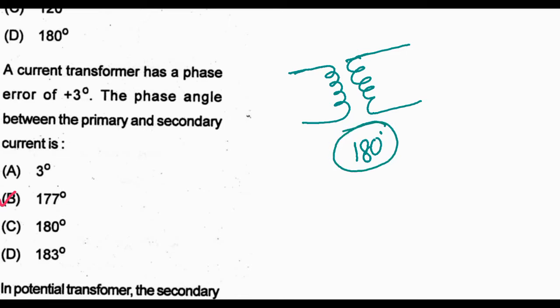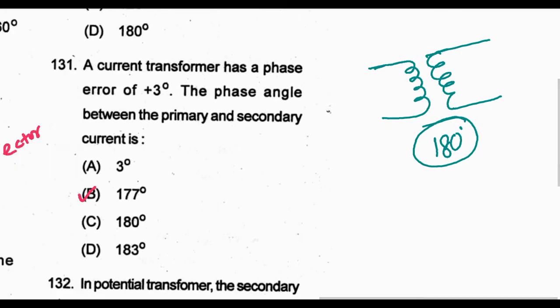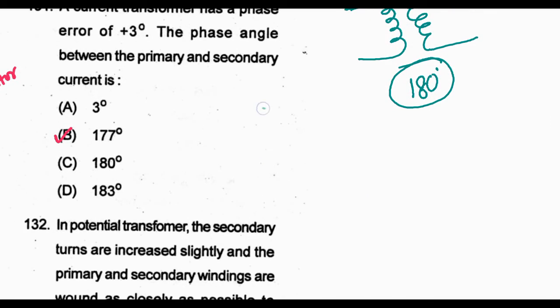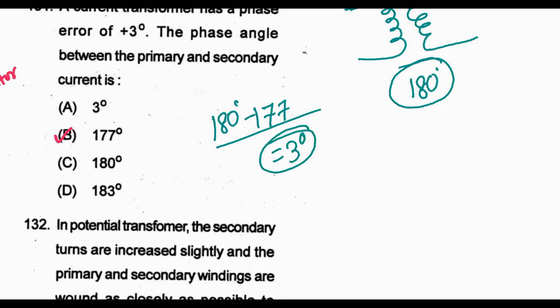For an ideal transformer this will be equal to 180 degree. So if the phase error is 3 degree, that means the actual value minus the measured value, 180 degree minus this, will be equal to 3 degree. That means a 3 degree difference in primary and secondary winding currents.